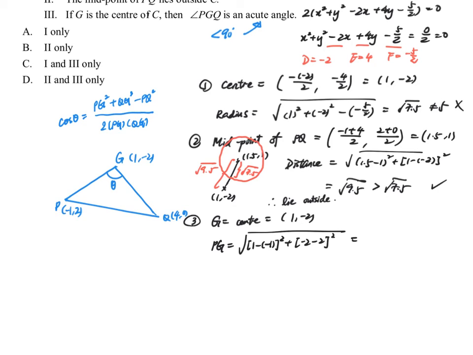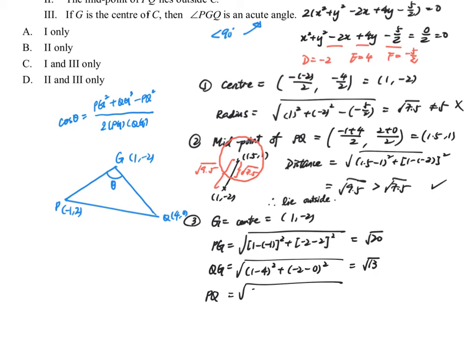We get square root 20. And then we find QG, that is square root of 1 minus 4 squared plus negative 2 minus 0 squared. We get square root 13. Finally, to find PQ, we have square root of negative 1 minus 4 squared plus 2 minus 0 squared. We get square root 29.